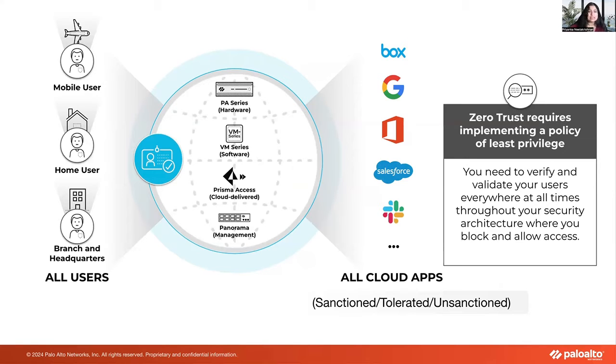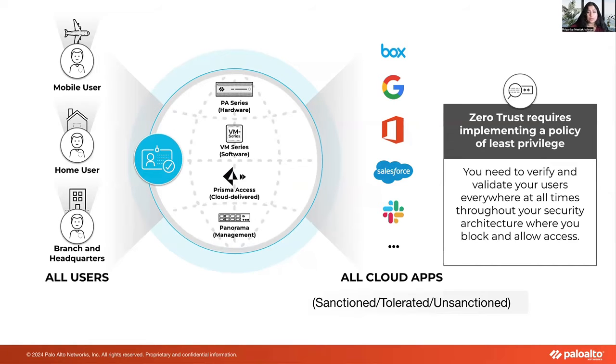Now, let's look at the key principles included in a zero trust approach. Number one, verify explicitly. Every access request is explicitly verified based on identity, device posture, location, and other relevant attributes. This means abandoning the notion of implicit trust based solely on network location.